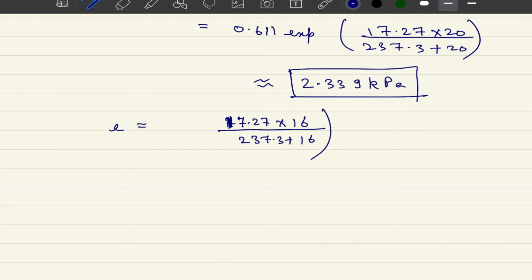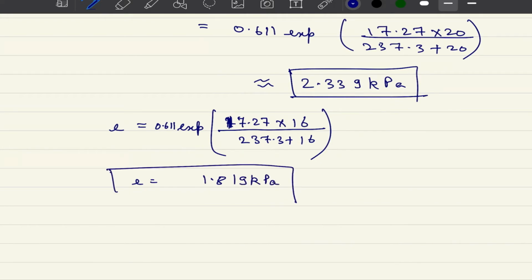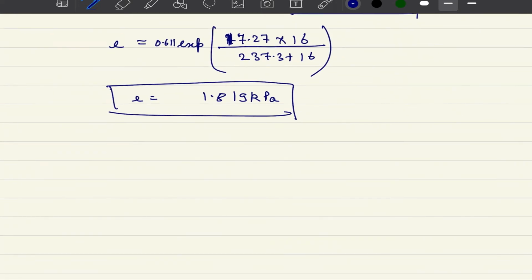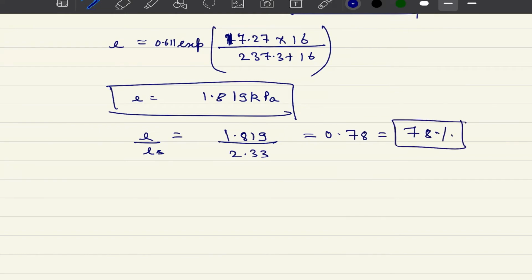So we can just substitute the values and it gives us the actual vapor pressure of the air, which comes out to be 1.819 kilopascal. And once we calculate that, relative humidity is simply the ratio of E and ES, which is 1.819 divided by 2.339, and this comes out to be 0.78, often expressed as a percentage, 78%.